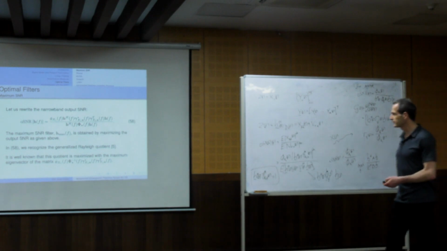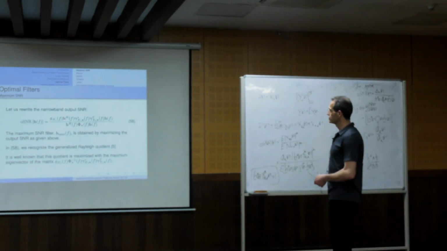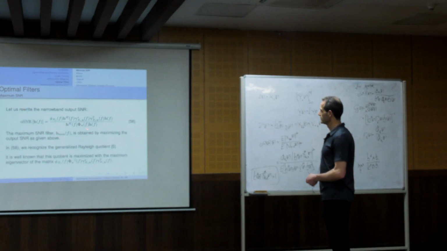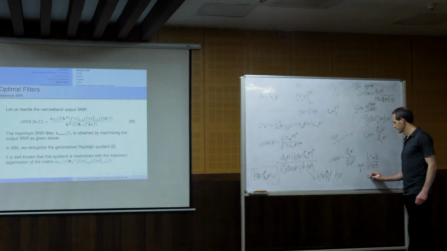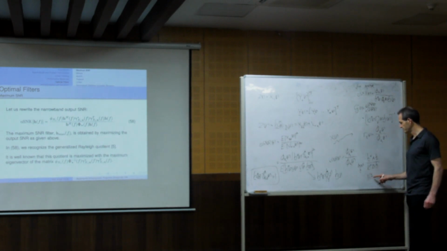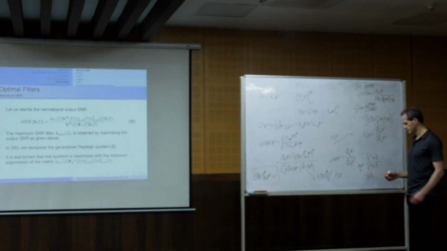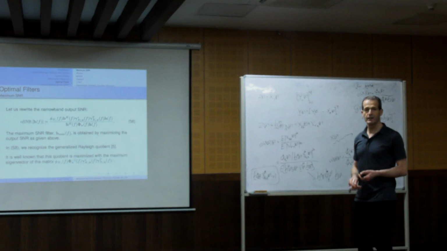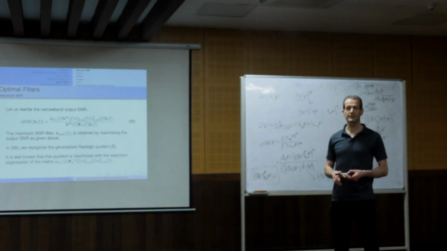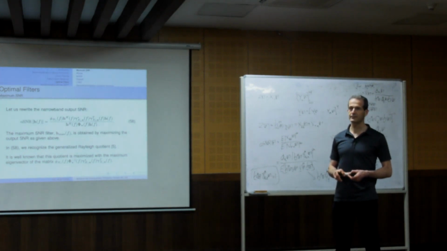The solution will be proportional to the first eigenvector of B^{-1}A. So H is proportional to the first eigenvector of this matrix. By the way, if you are not familiar with that, it's a nice exercise to prove it. Okay?